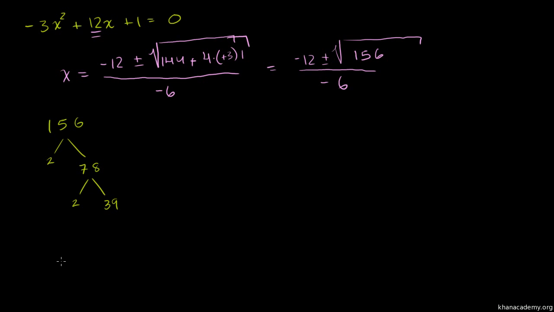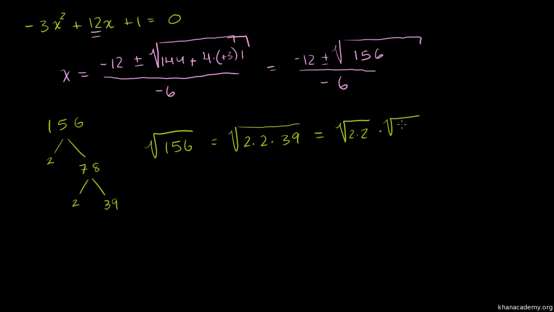So the square root of 156 is equal to the square root of 2 times 2 times 39. Or we could say that's the square root of 2 times 2 times the square root of 39, and this obviously is just going to be the square root of 4, or this is the square root of 2 times 2 is just 2. 2 square roots of 39, if I did that properly.